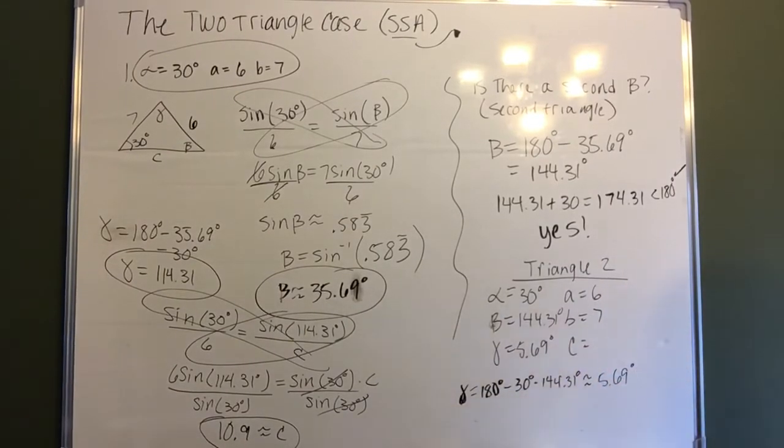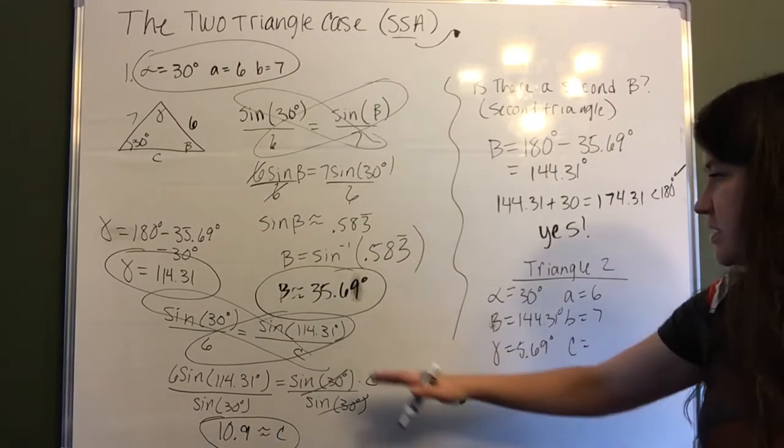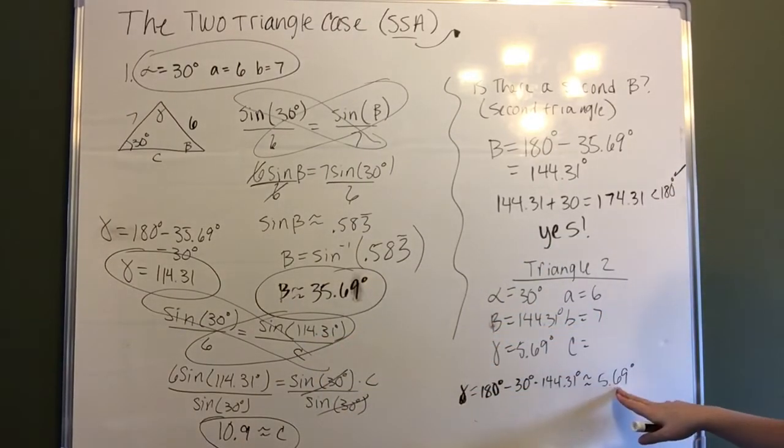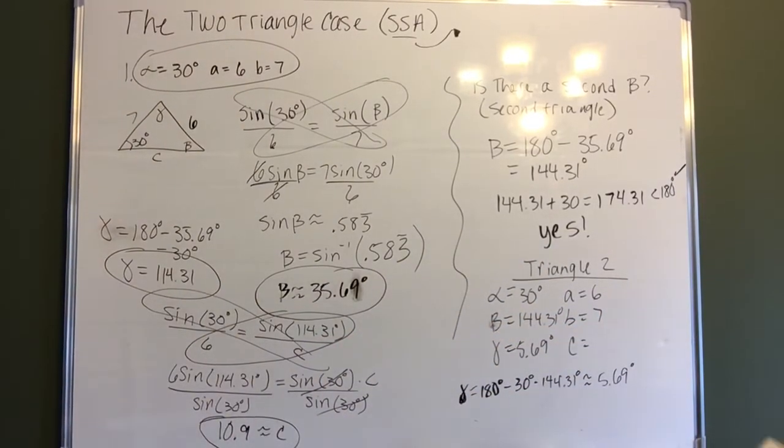We have to find C. We would use law of sines again. The only difference from what we did over here to find C is that we would have, instead of 114.31, we would have 5.69. So I'm just going to type it in like that, okay?